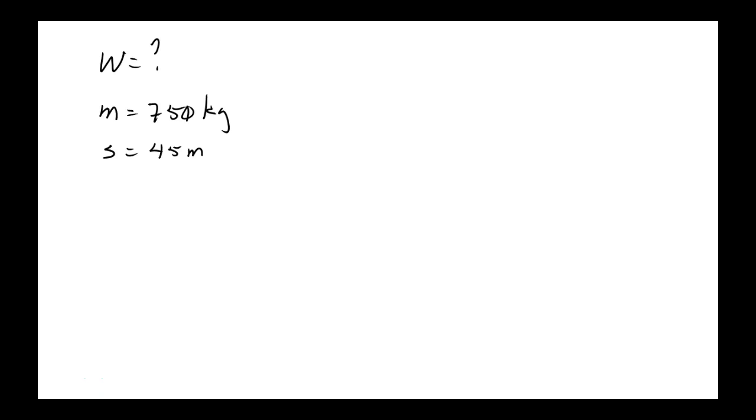We call that the force due to weight, which is equal to mass times the acceleration due to gravity. That mass was 750 kilograms. And what was the acceleration due to gravity? In SI units, 9.80 meters per second squared. That's an acceleration.